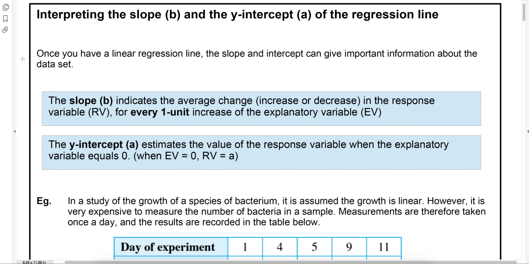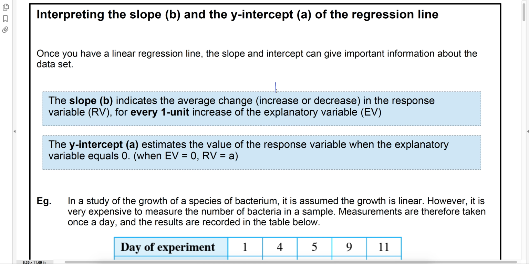To start with, I wanted to describe the slope, and you'll see that there is a definition, or a bit of a description, of what the slope means, but this is going to be much easier to do when you actually have proper variables that you're looking at. What the slope indicates is the change, or the average change, I should say. This could be an increase or a decrease.